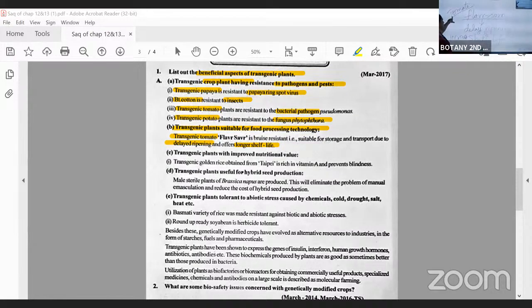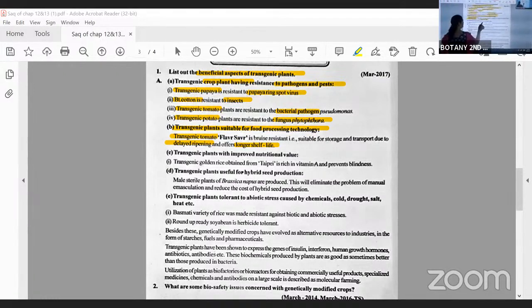That is the transgenic tomato, the Flavr Savr variety, which is very important for the industries. That is for delaying the ripening as well as increasing the shelf life, which is useful in transporting from one place to another place. That is the Flavr Savr variety.